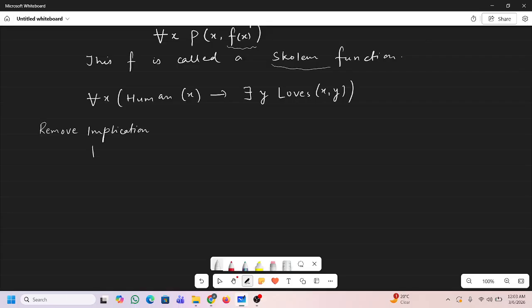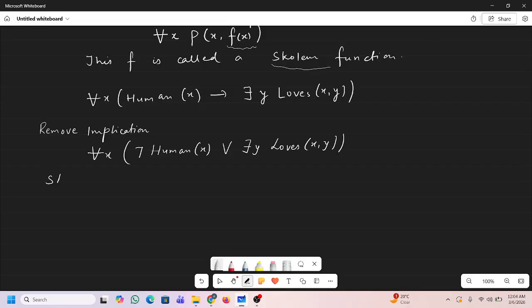So I will write it like this: for all x, negation of human x, and then what will come after that, it will be there exists y, love x comma y, right?